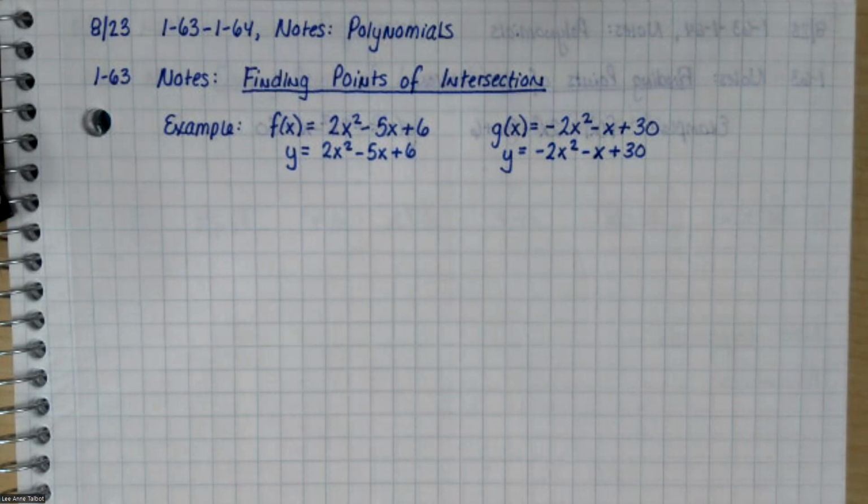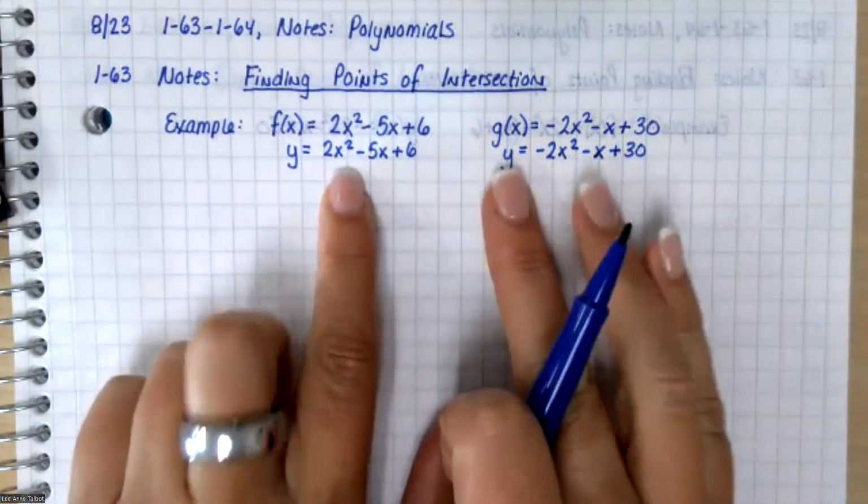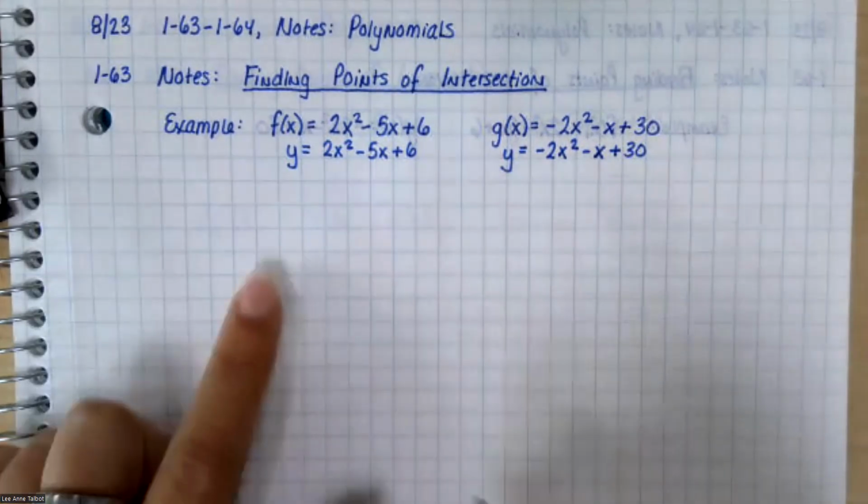That first one, its name is f of x, like Frank of x. And then the second one is g, like Gerald of x. It's just their names. In the next one, the one that you guys do in 64, they're both f of x. It doesn't matter. It doesn't change anything. They could be Frank and Fred. Okay, anyway, why did I do this? Because I want you to see that because they both equal y, they can equal each other.